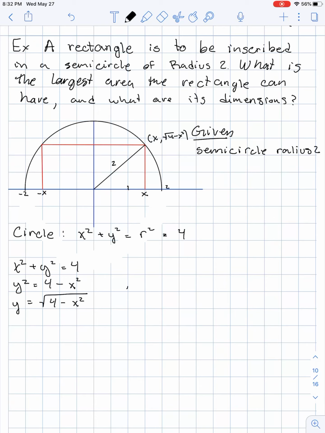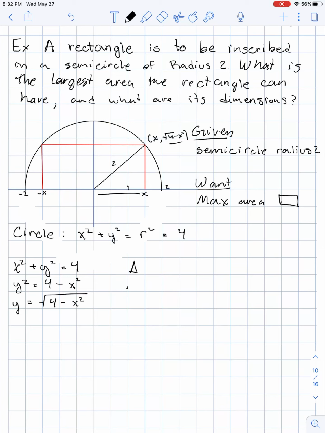So if this length is x, the height would be the square root of 4 minus x squared. Okay? So we want the max area of the rectangle.